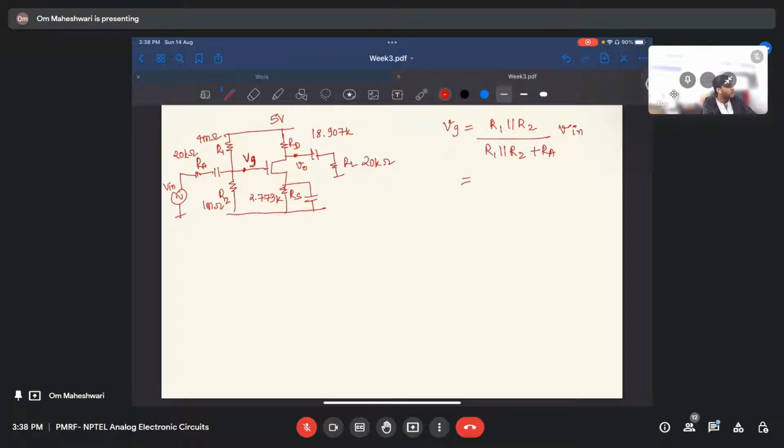So this will be 4 mega parallel with 1 mega, divided by 4 mega parallel with 1 mega plus 20k. So Vg equals 0.9756 V in.